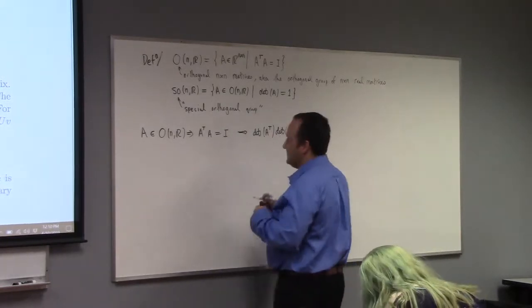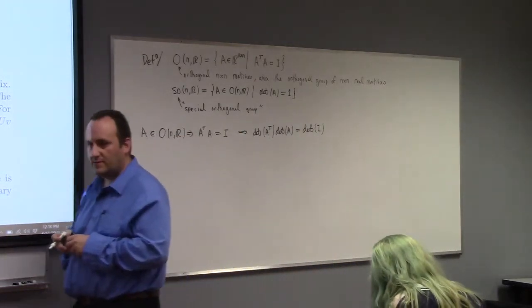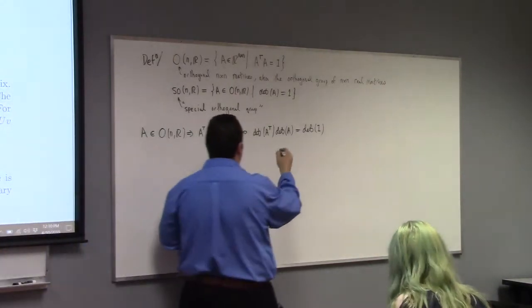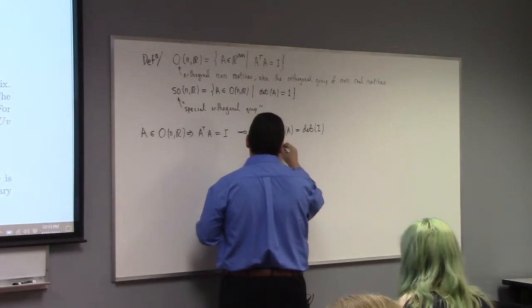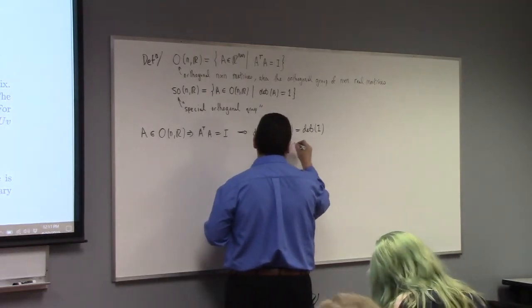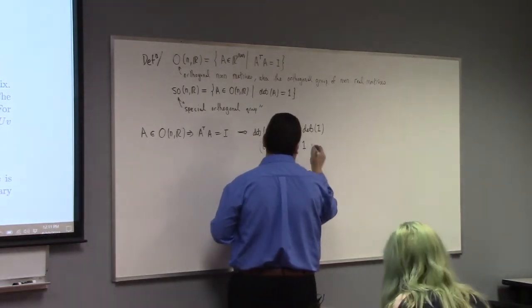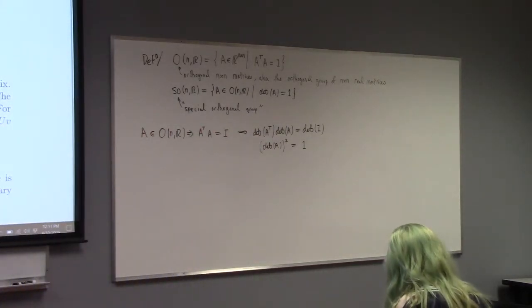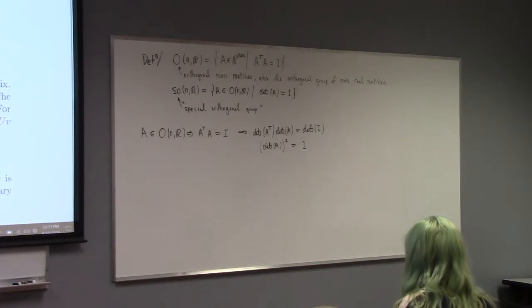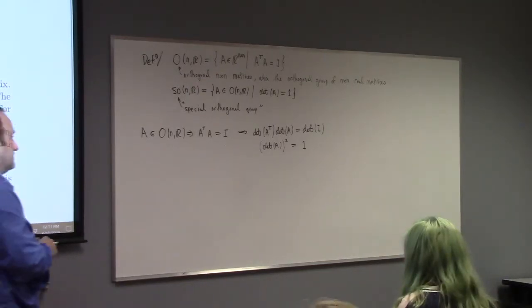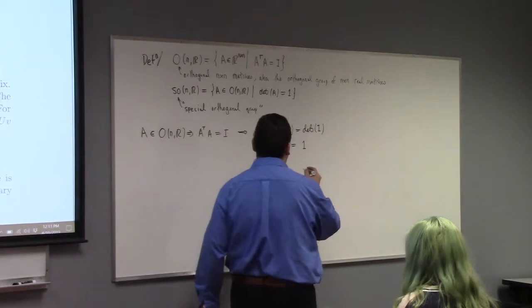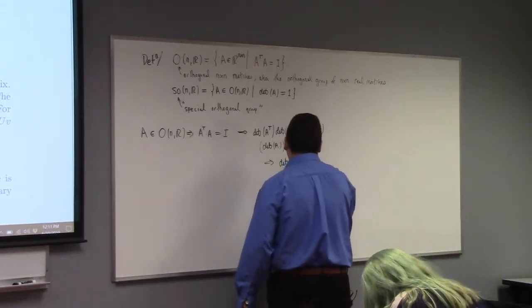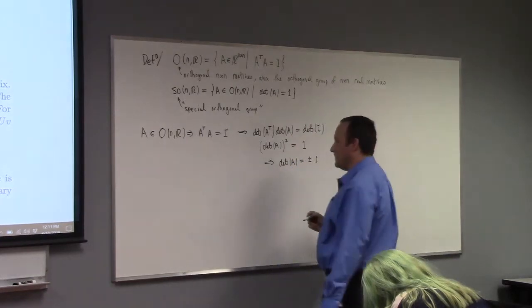What's the determinant of the transpose of a matrix equal to? It's equal to the determinant of the matrix, right? So what you're looking at here is the determinant of a quantity squared. What's the determinant of the identity? It's just 1, right? So what's the determinant of an orthogonal matrix possibly equal to? Yeah, negative 1 or 1. Determinant of A is equal to plus or minus 1 are your choices.